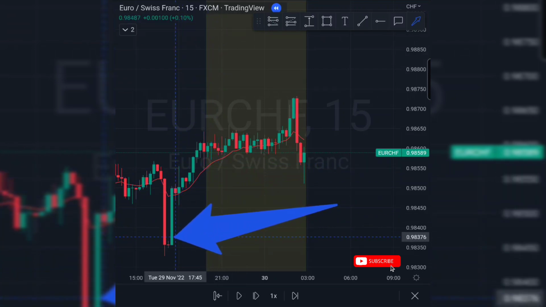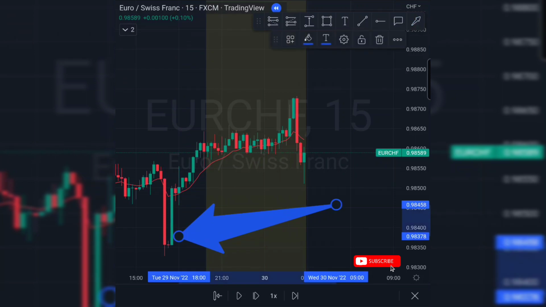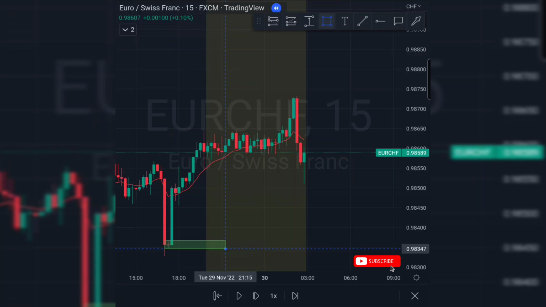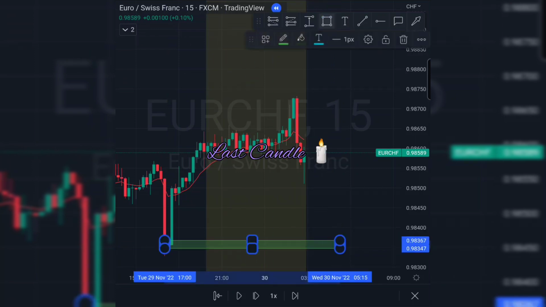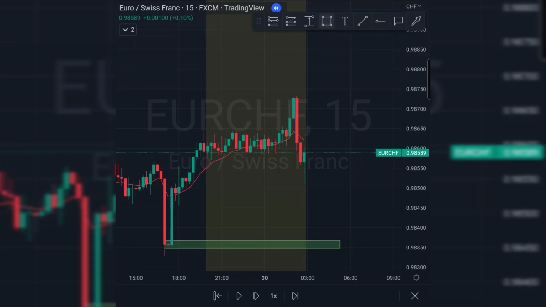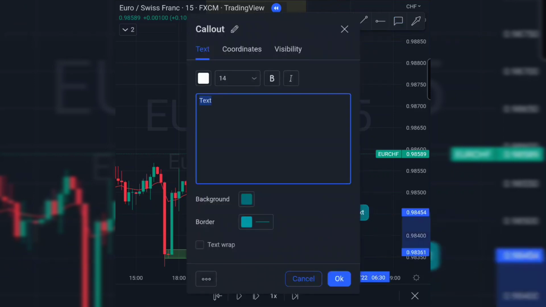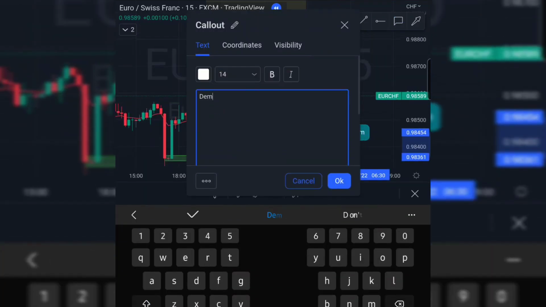So you know that this is a demand area. You can go ahead and mark this up. What we're using is the last candle that is the opposite, and you'll see what I mean. So this demand is a 15-minute demand. Gotta know that.